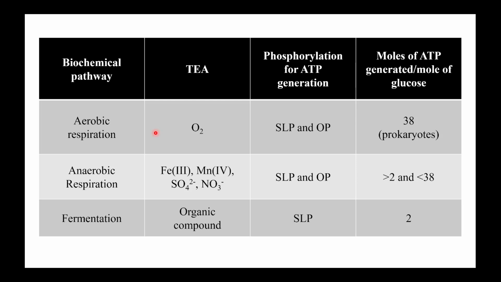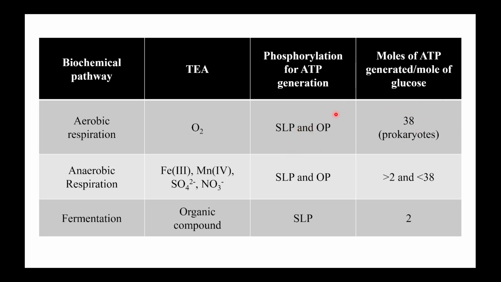So if it is an aerobic respiration, the terminal electron acceptor is oxygen. And phosphorylation for ATP generation is basically substrate level phosphorylation and oxidative phosphorylation. So SLP stands for substrate level phosphorylation and this stands for oxidative phosphorylation. A total of 38 molecules of ATP is generated.